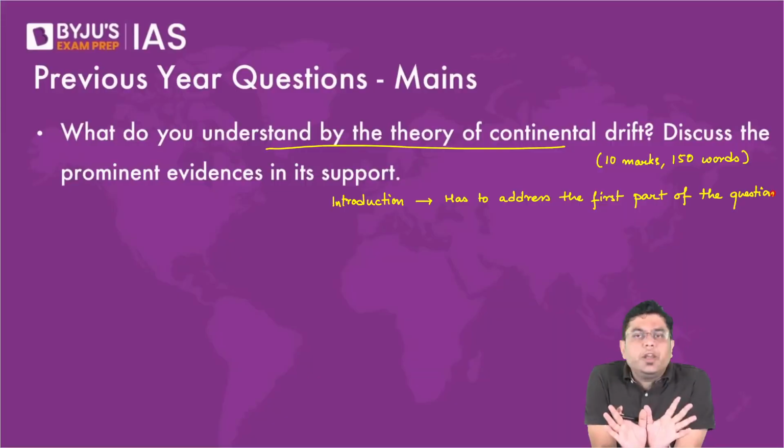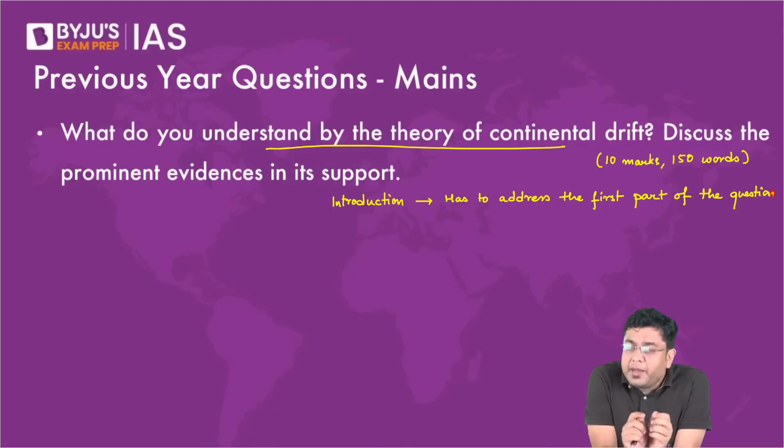Now, that is your introduction for a 10 marker question. For a 15 marker question, your introduction can go up to 25 to 30 words, sometimes even 35 words. But for a 10 marker question, your introduction should be restricted to around 20 to 25 at the max. Ideally, it should be around 20 to 25 words.